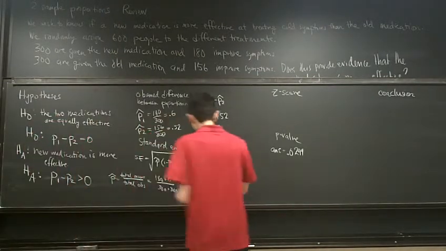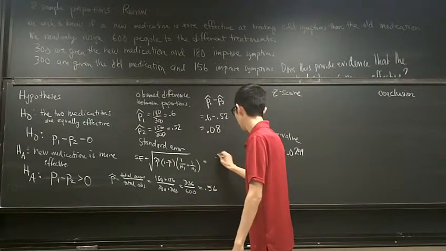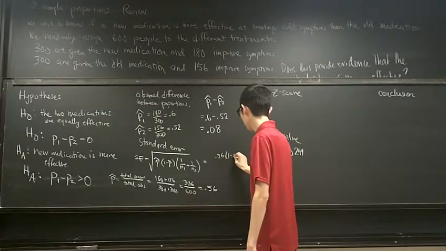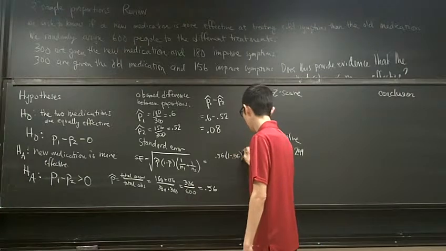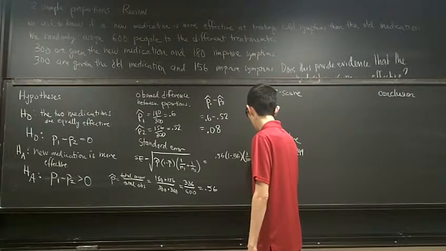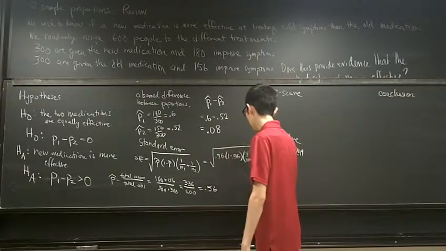So that means my standard error is going to be what? The square root of the whole thing: 0.56 times 1 minus 0.56 times 1 over 300 plus 1 over 300.